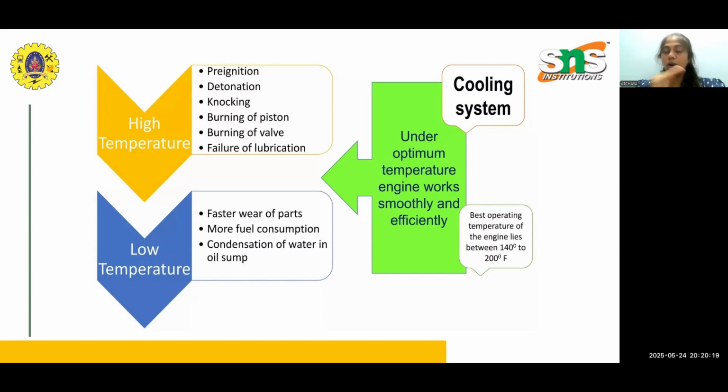In order to avoid these higher and lower temperature problems, the engine should work at the optimal temperature to attain efficient and smooth working. To achieve this, a cooling system is used in tractors, and not only in tractors, but in all automobile vehicles.